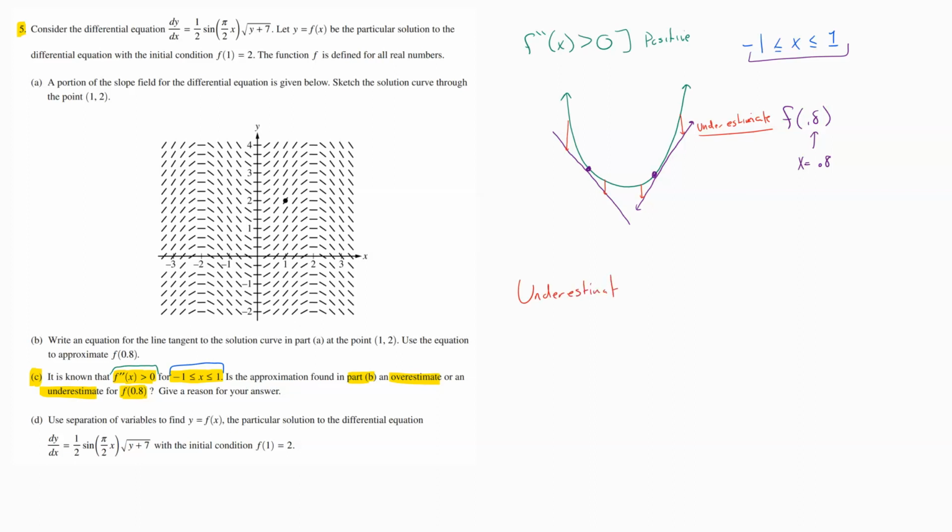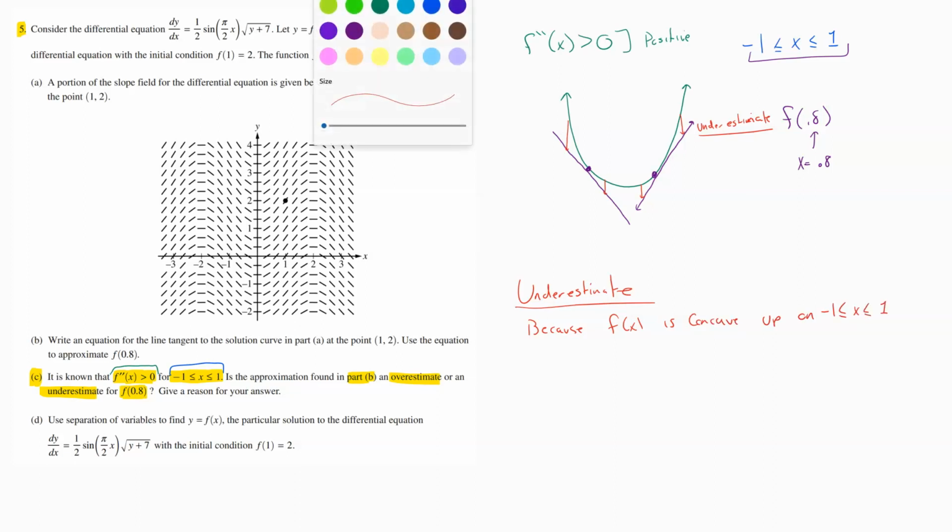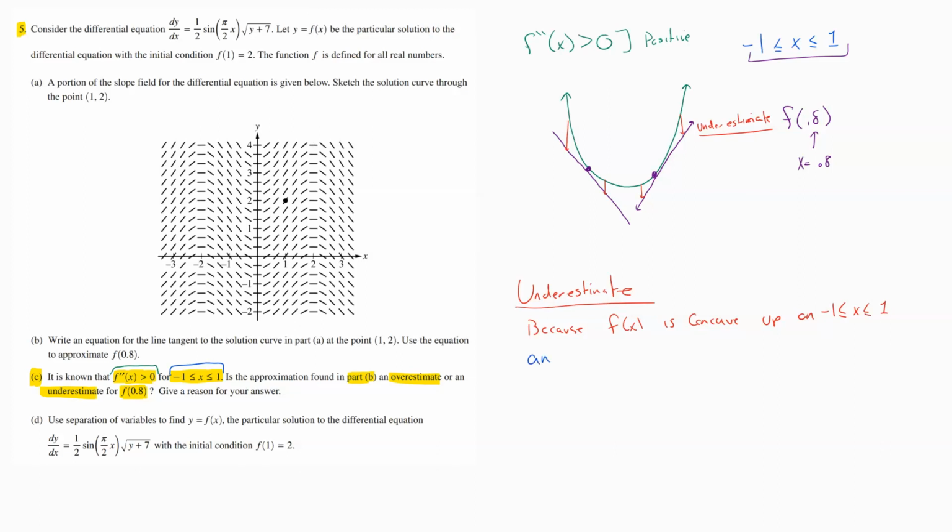We know that much. And your reasoning would be the fact that f of x is concave up on the interval -1 is less than or equal to x is less than or equal to 1, and f of 0.8 is in that interval because x equals 0.8.